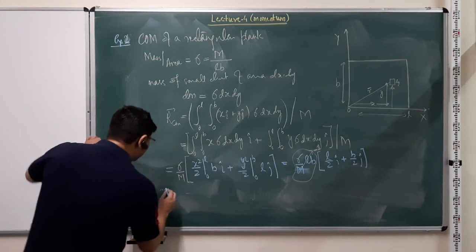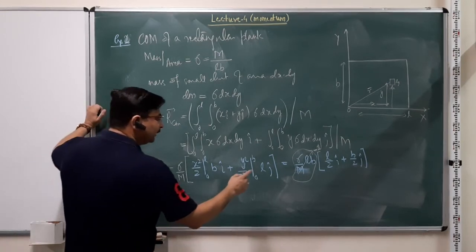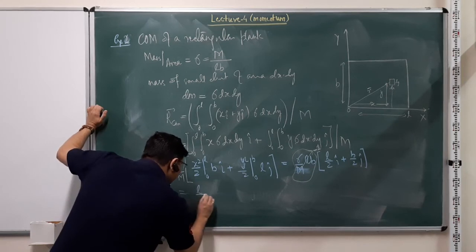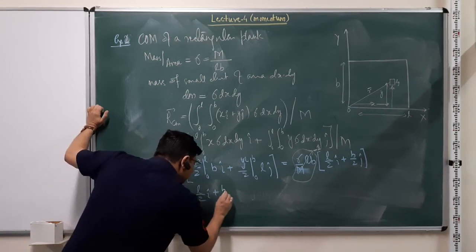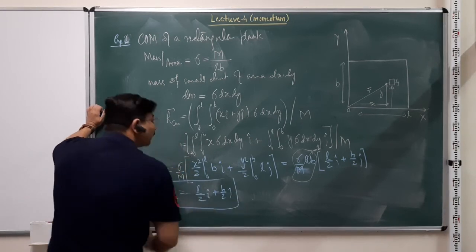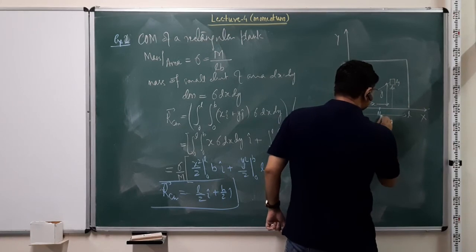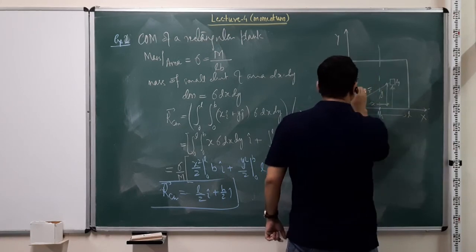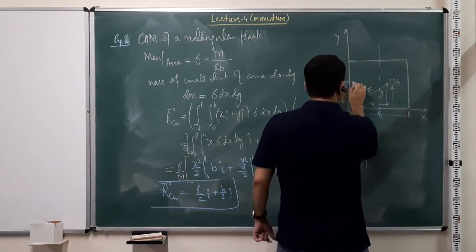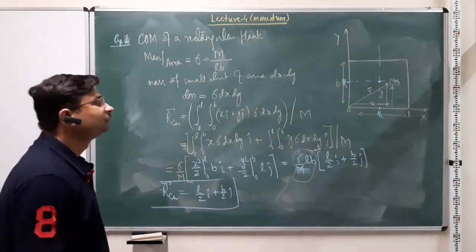So the center of mass coordinate RCM for a rectangular sheet is given as L by 2 i cap plus B by 2 j cap. This is L by 2 in the i direction, and B by 2 in the j direction. So the center of this sheet.